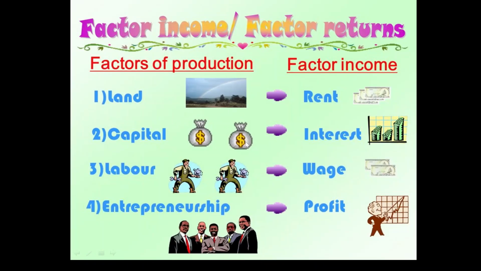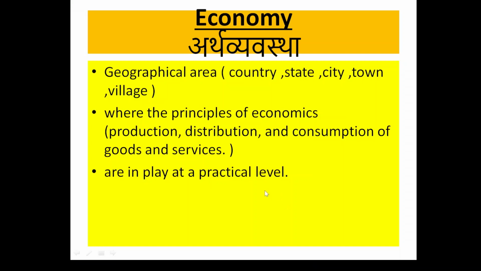If you have taken a loan, then you have to pay the interest on it. For any manufacturing or production, you need labor, and you have to pay the daily wages. And the manufacturer or the entrepreneur earns a profit on the production of goods or services. Now, this is the meaning of distribution.